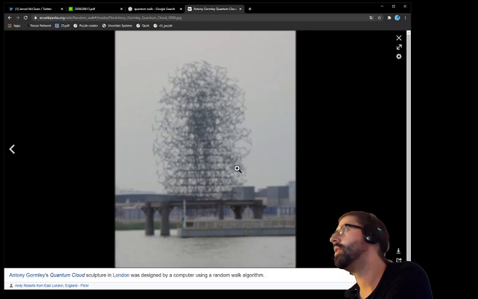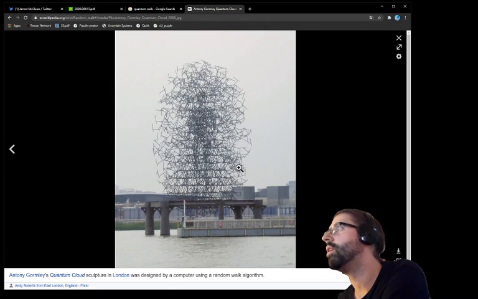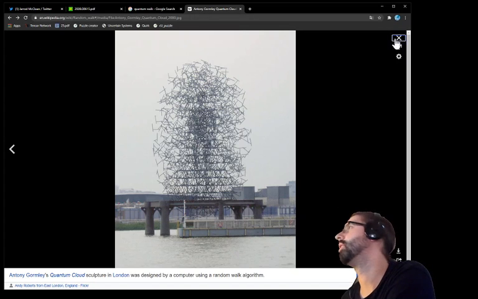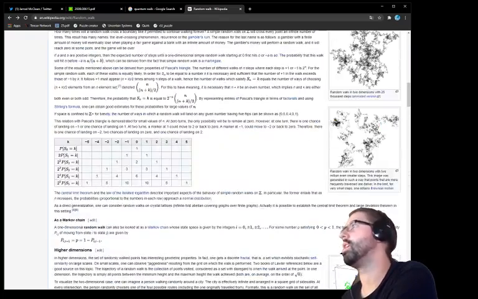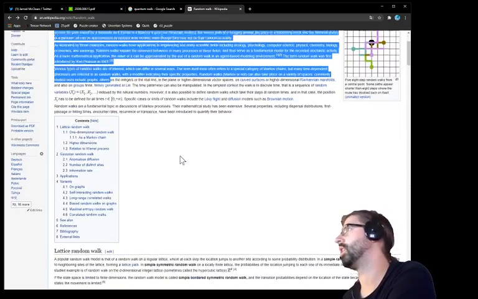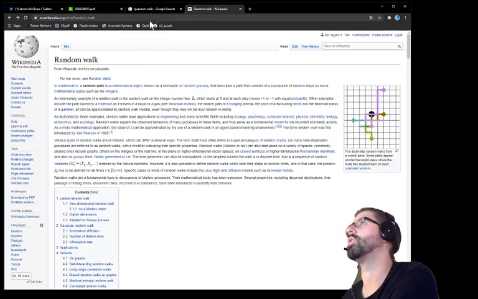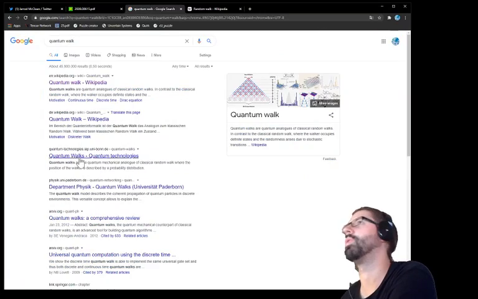Okay. Interesting. So I guess it's a generalization of randomly finding a solution to something, and then there's probably a quantum version of these. Okay.